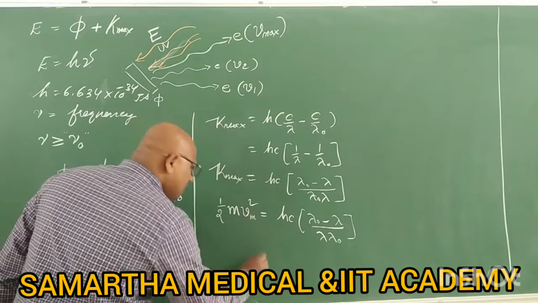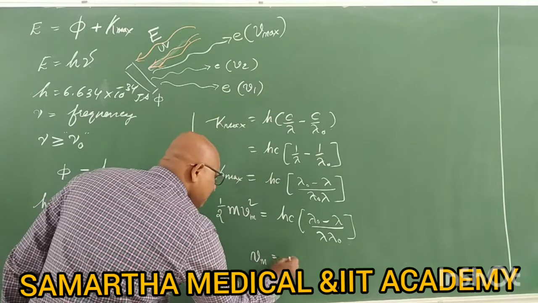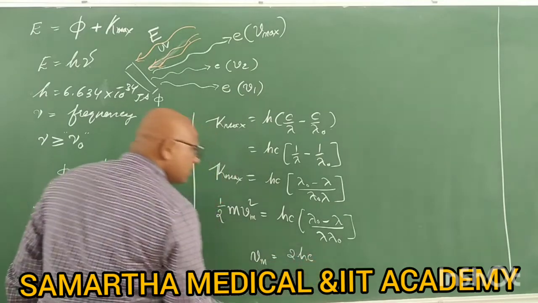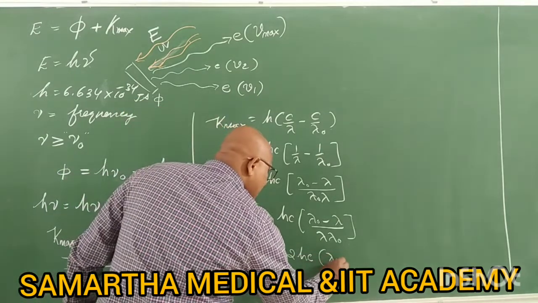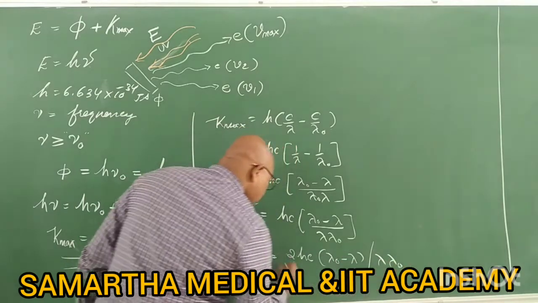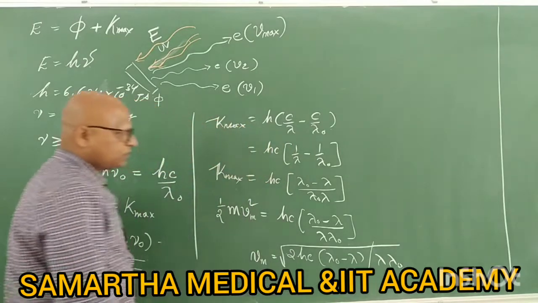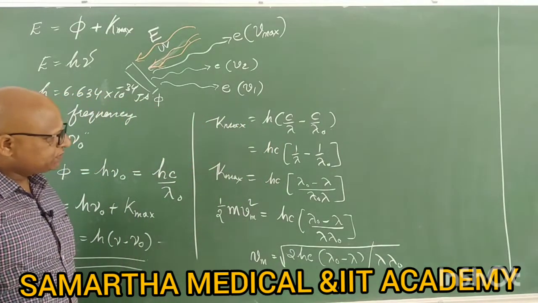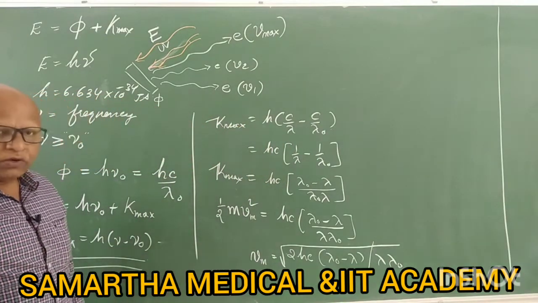If you want the velocity expression Vm, then everything will come under the square root: 2hc into lambda naught minus lambda divided by lambda into lambda naught taken inside the square root. So this is the expression for maximum velocity if you want to calculate.